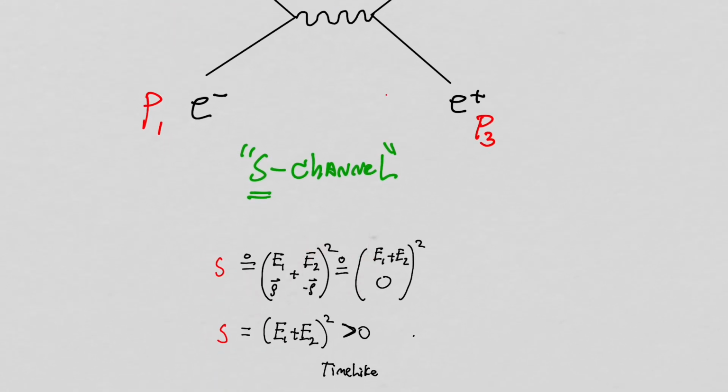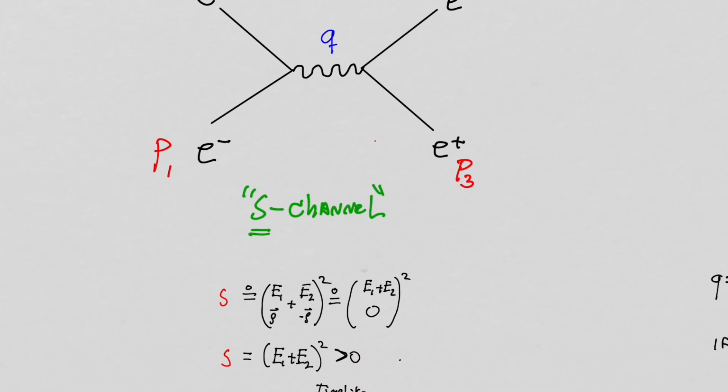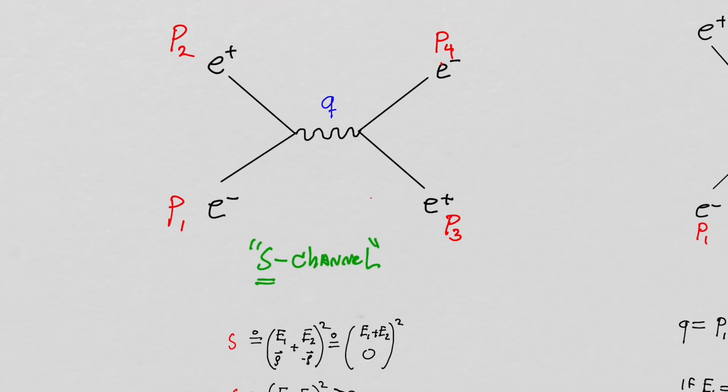S is P1 plus P2 squared, which in the center of mass frame would be E1 plus E2 squared. And so we call this process the S-channel process. This concept where the two particles come together, form a photon, and the photon goes off to the right, that is an S-channel process because Q, the momentum of that photon, is best connected to the Mandelstam variable S.